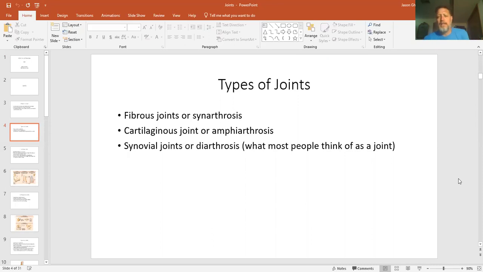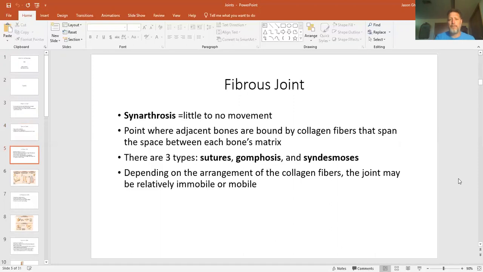Now these can be a little confusing, because they're a little ambiguous at times, and they can be multiple types of joints, except synovial. All the synovial joints are diarthrosis, but the fibrous and cartilaginous, some of them are synarthrosis, some of them are amphiarthrosis. So it can get a little confusing, but we'll explain as we go.